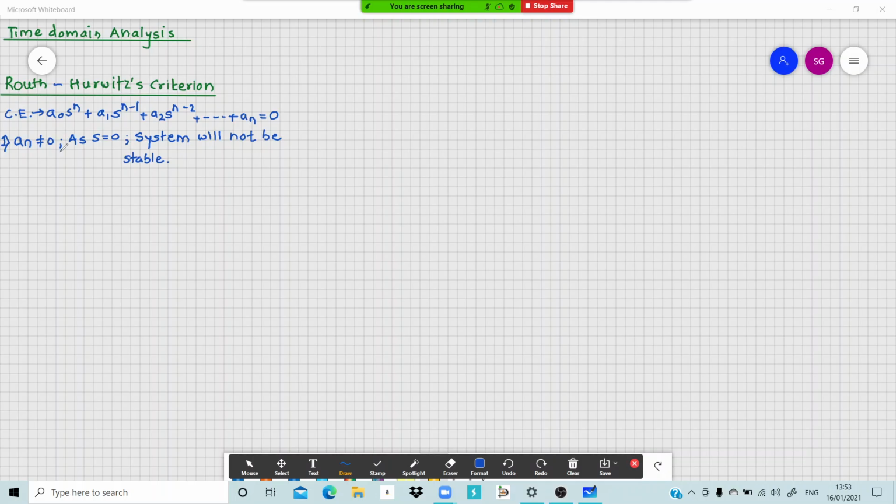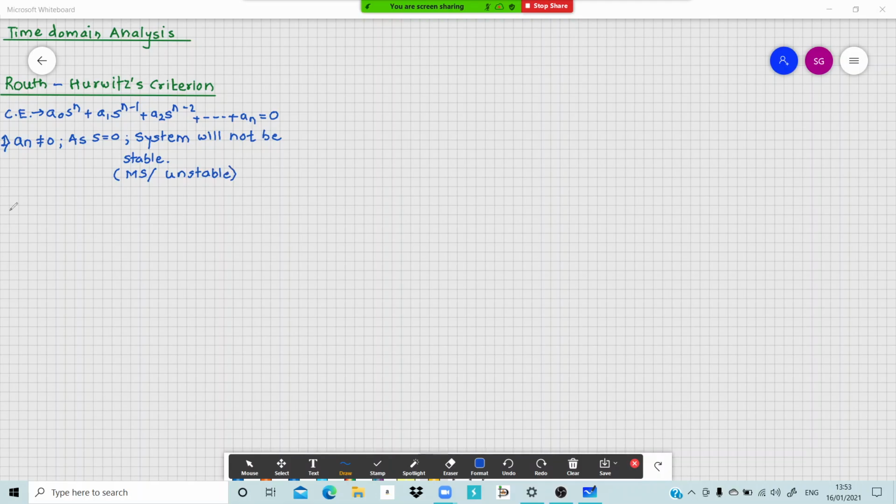But if it is not equal to 0, then whatever is the procedure, we'll go for that. So it cannot be stable. It can be marginally stable or it can be unstable. So these two conditions remain over here, right?